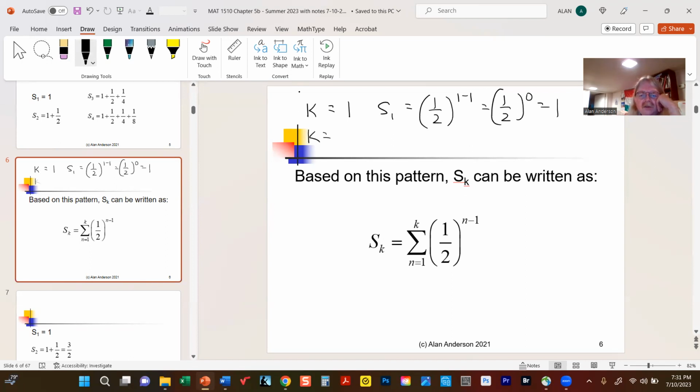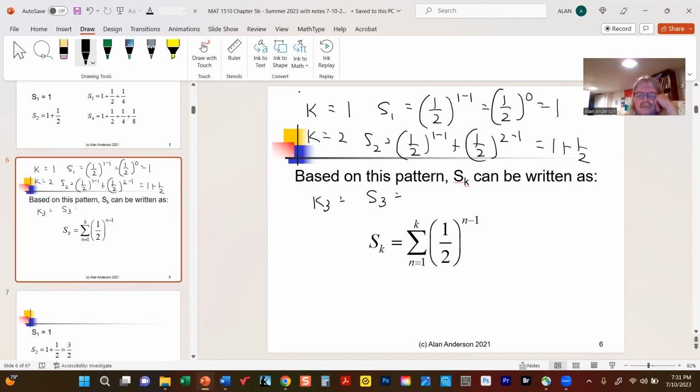When k equals 2, then S2 will equal 1/2 to the 1 minus 1 plus 1/2 to the 2 minus 1 power, which is 1 plus 1/2, etc. Okay, let's try one more. k equals 3: 1/2 to the 1 minus 1 plus 1/2 to the 2 minus 1 plus 1/2 to the 3 minus 1.